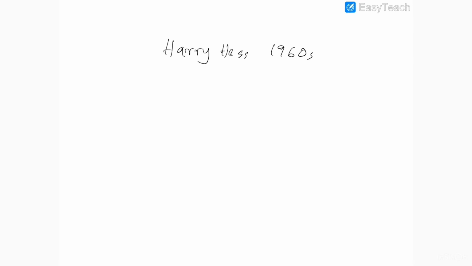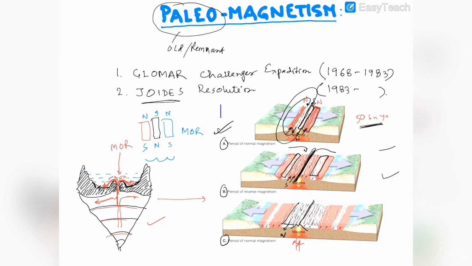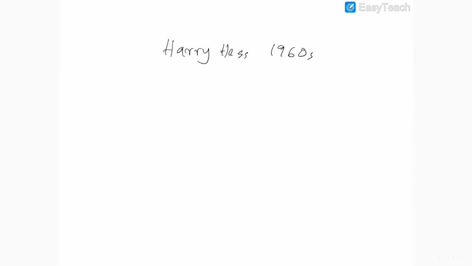Seafloor spreading was nothing but this: seafloor is being created at the ridge, and it is getting spread out. See, this arrow is showing that they are getting spread out. So Harry Hess in 1960 said that there is some phenomenon called seafloor spreading, but it was not conclusively proven, because it was a hypothesis.